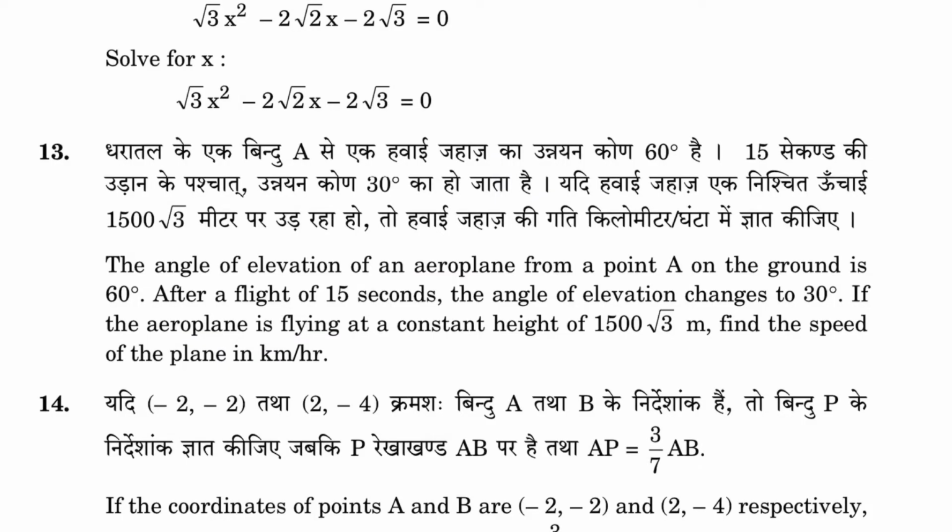Question number 13. This question says the angle of elevation of an aeroplane from a point A on the ground. So let this be point A and the angle of elevation is 60 degrees. After a flight of 15 seconds, the angle of elevation changes to 30 degrees.